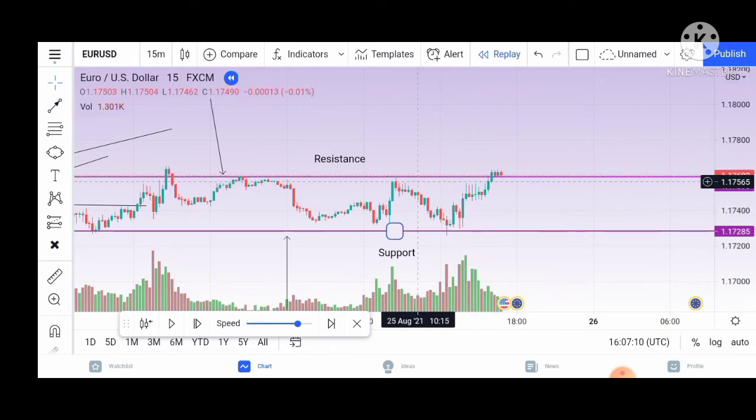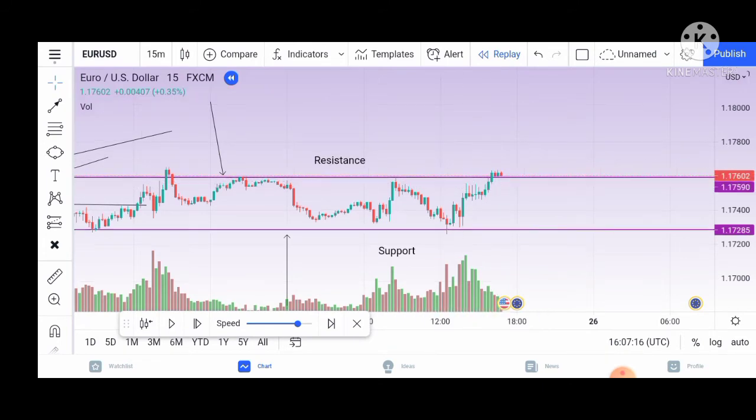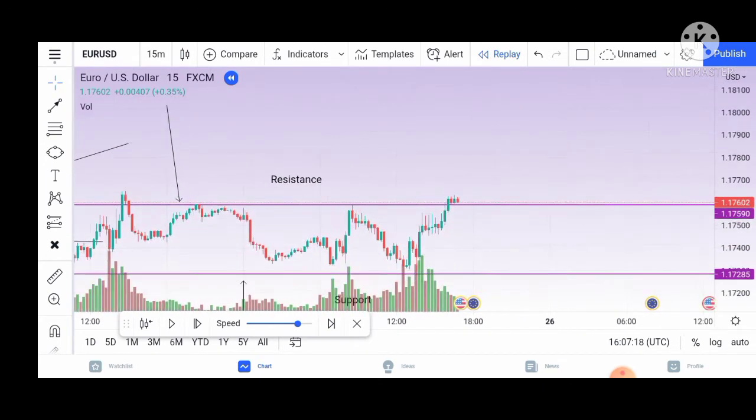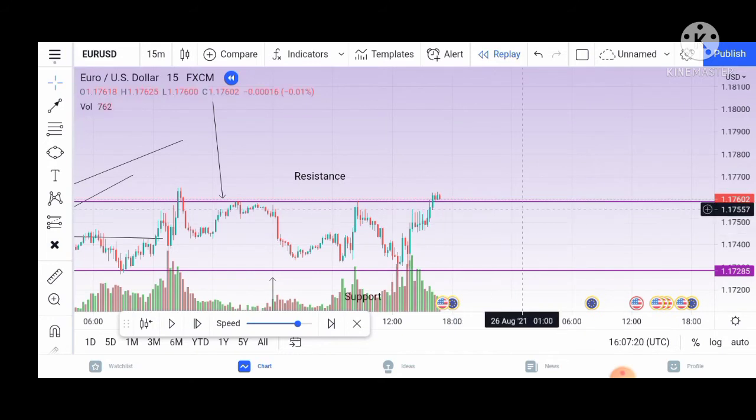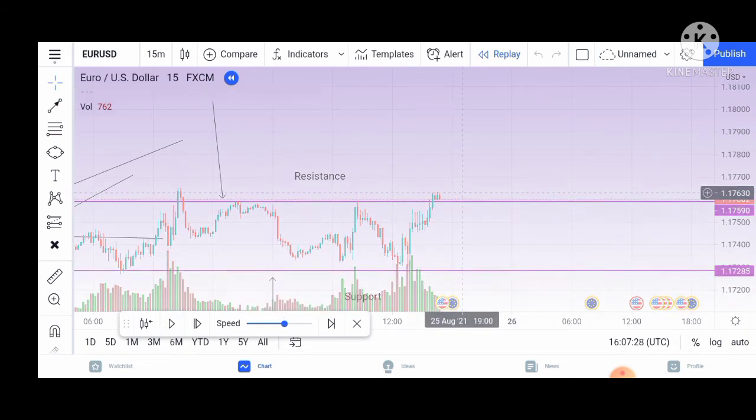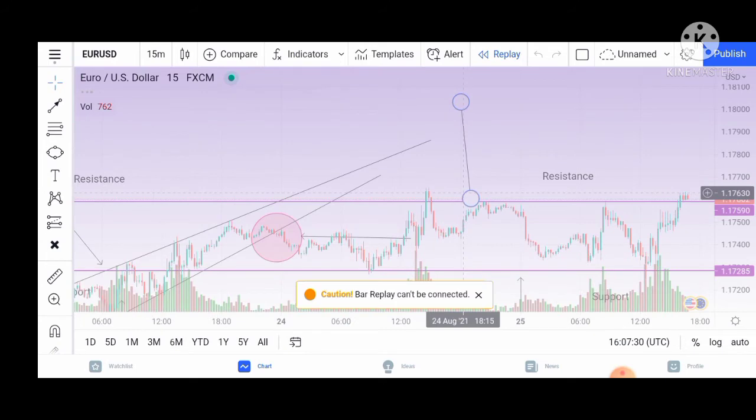Now price has broken through our resistance zone, and when your resistance zone is broken, it becomes your support zone. Since this resistance zone was broken, it has become a support zone. That is the concept.